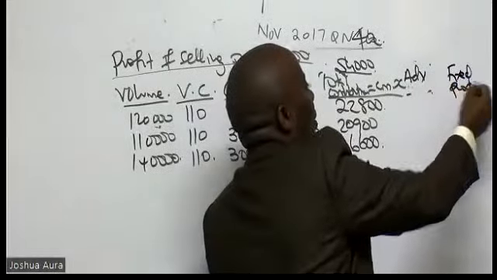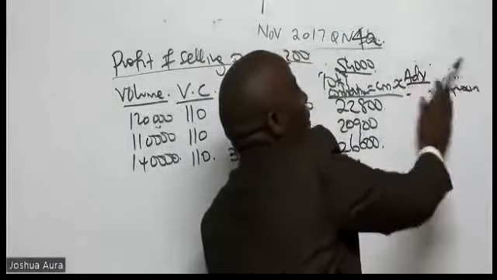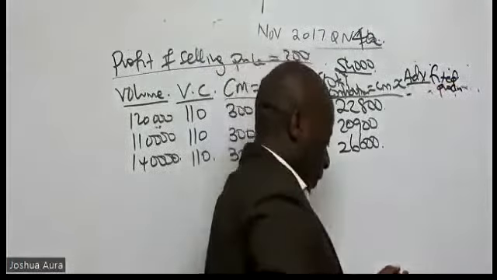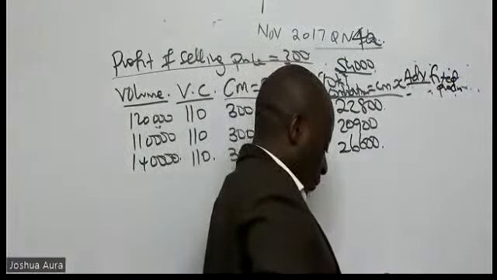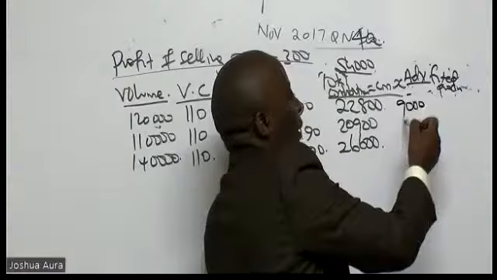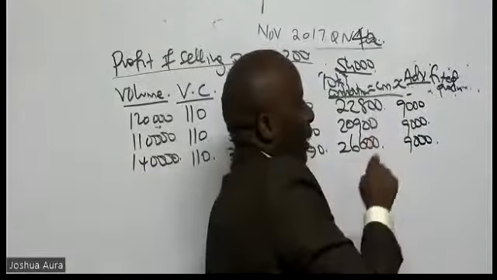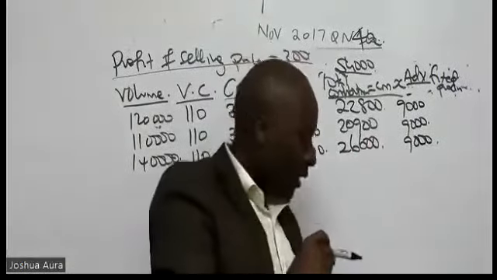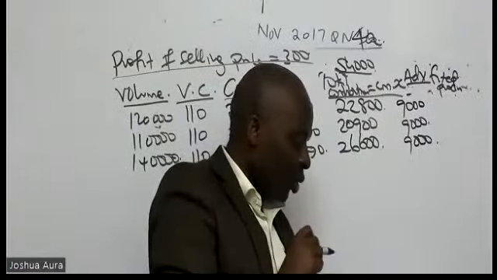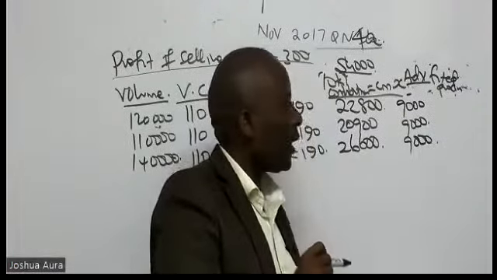The advertisement cost they have given us, for the price of 300, is going to be 9,000 throughout, doesn't matter the level of production. In note number 2, advertising cost would be 9 million, but I'm chopping the 3 zeros to be consistent, per annum at a selling price of 300. So in this case, it's 9,000.